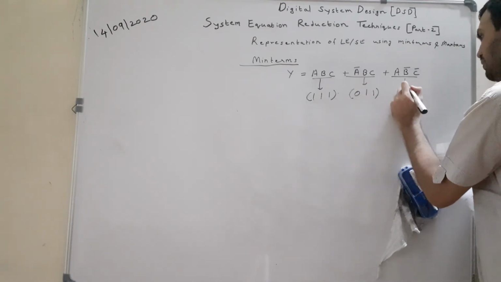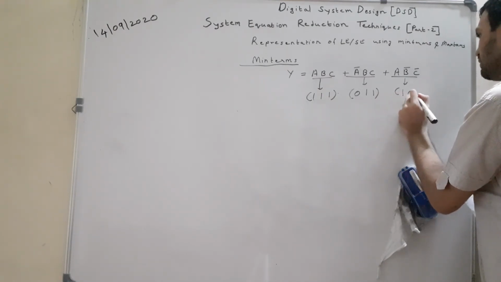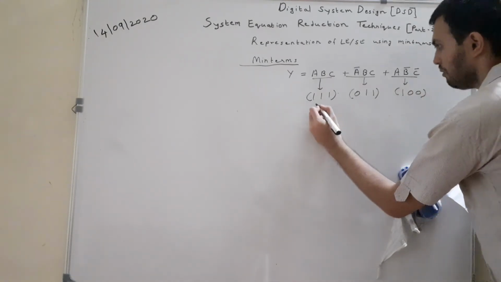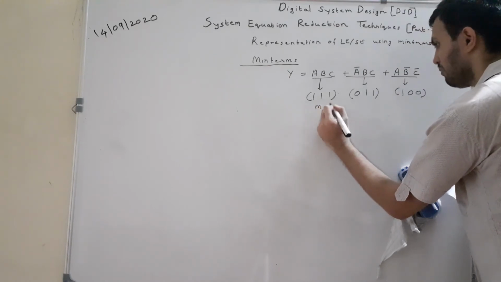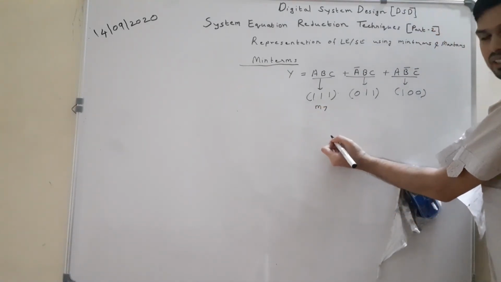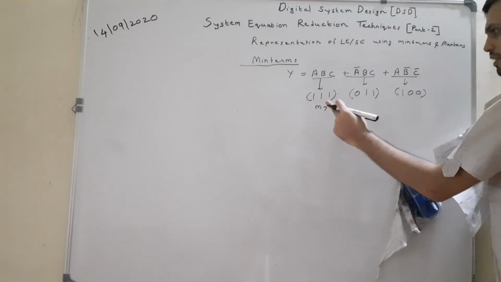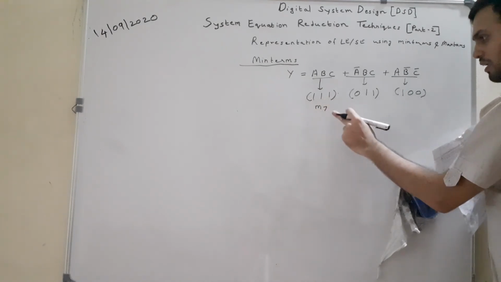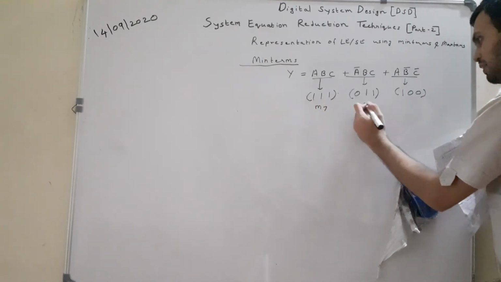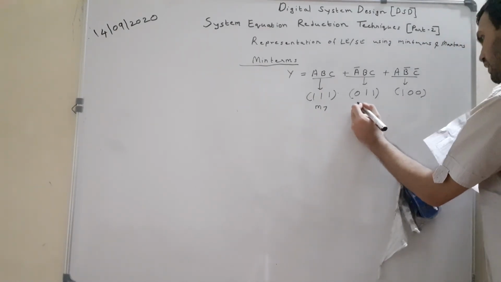Then the third min term. So this expression 1, 1, 1 is m7, since 1, 1, 1 is the binary representation of 7. We write small m because we are dealing with min terms. Plus m3.